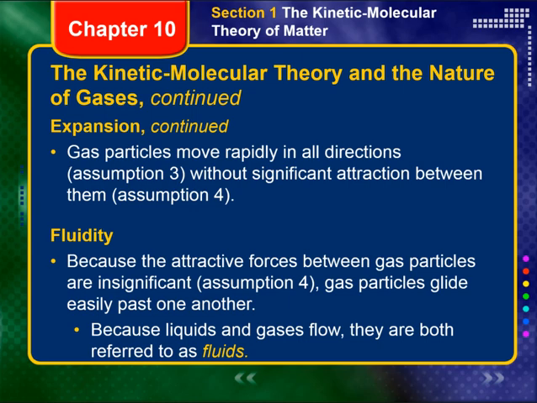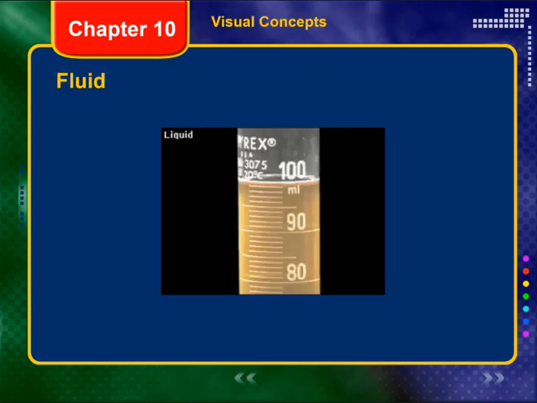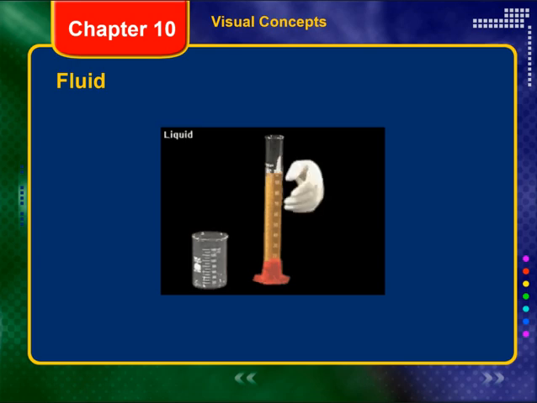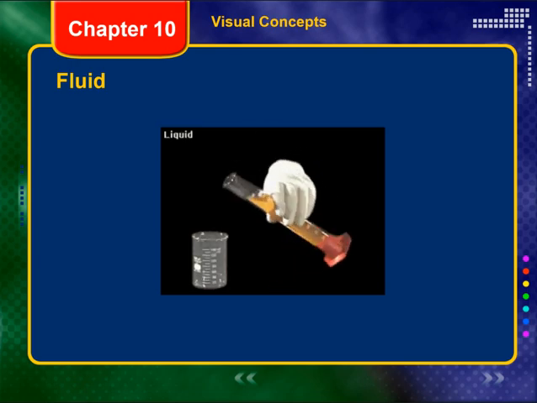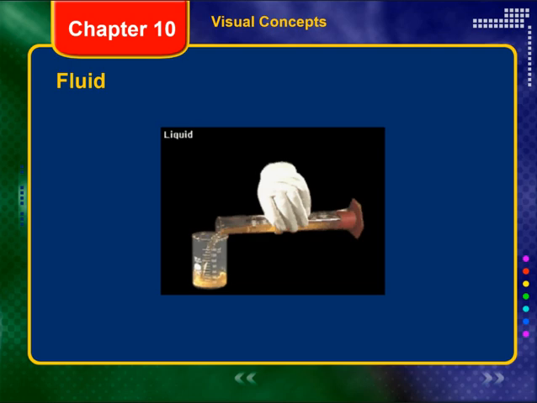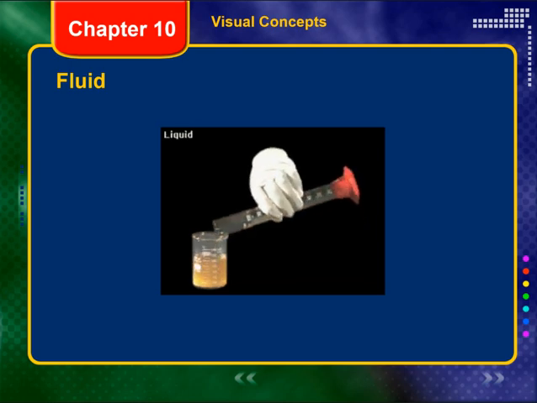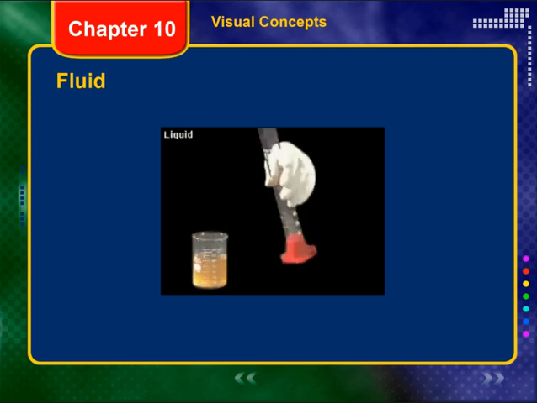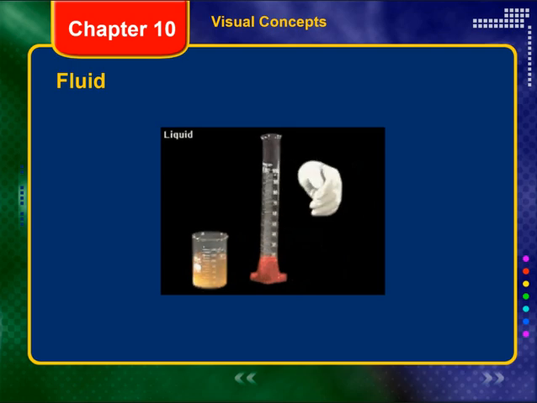Because liquids and gases flow, they are both referred to as fluids. A fluid is a substance in which the atoms or molecules are free to move past each other and can therefore take the shape of their container. Liquids can take the shapes of their containers. Therefore, liquids are fluids. Gases can also take the shapes of their containers and are therefore also fluids.